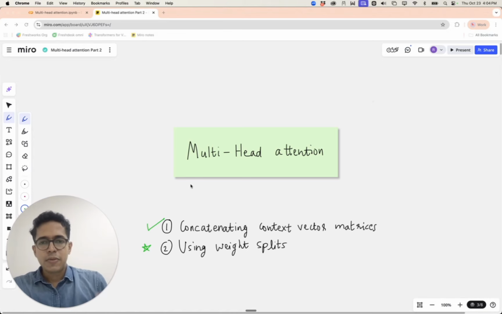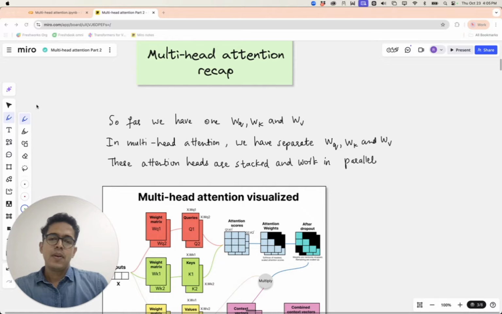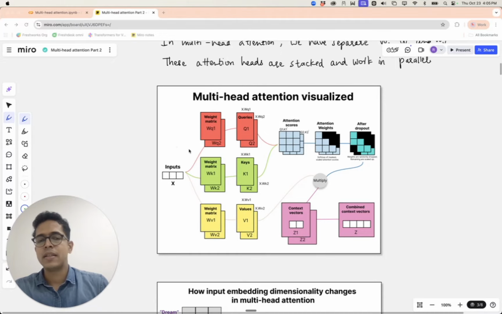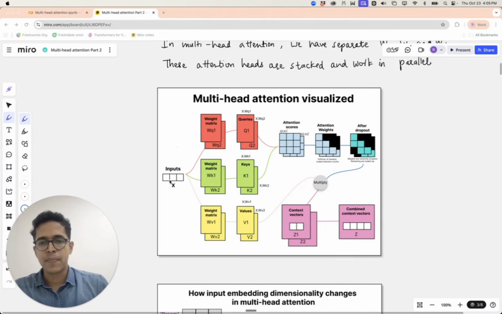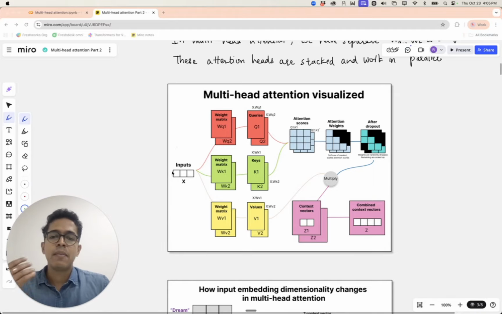So let's first do a brief recap of what we looked at in the last lecture. What was multi-head attention? In multi-head attention, we have more than one query matrix, key matrix, and value matrix. This figure sums up the whole idea we discussed in the previous lecture very nicely. Let's say your inputs are a bunch of vectors of dimension 3.